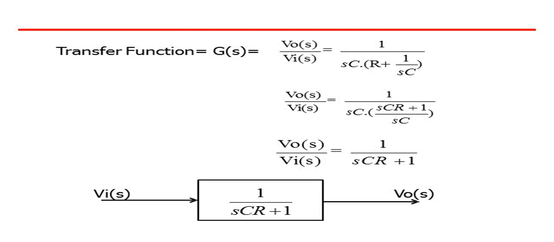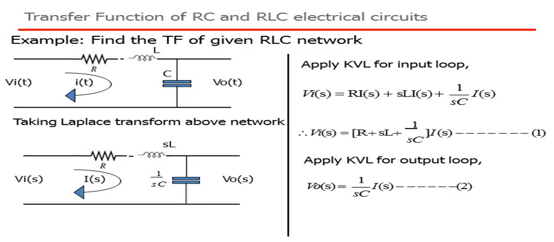Diagrammatically it is represented again: in the block the system is shown, its transfer function is 1/(sCR + 1), its input is Vi(s) and output is V0(s).